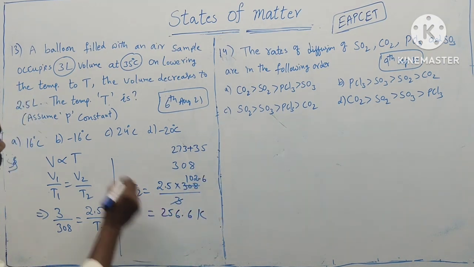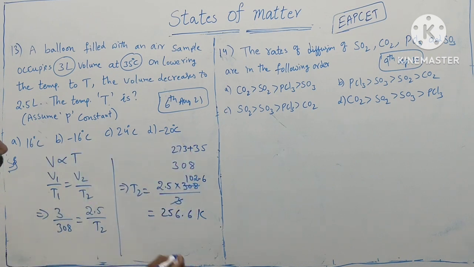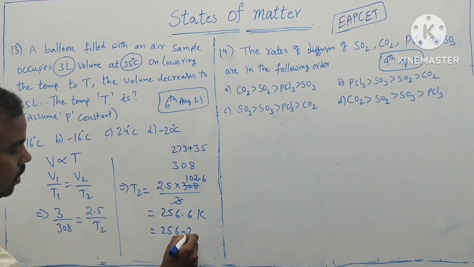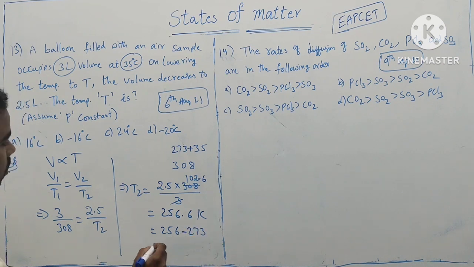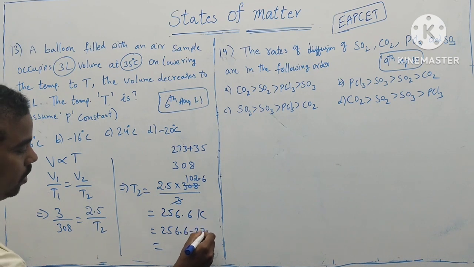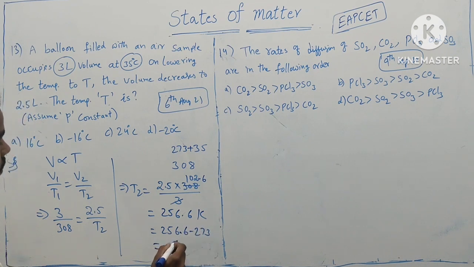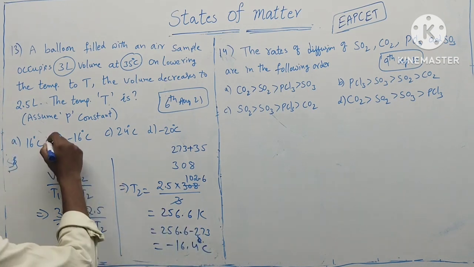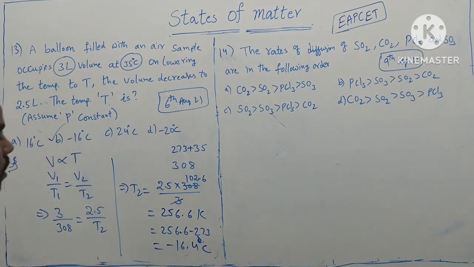It is in kelvins, but the answer is in degrees centigrade. That means 256 minus 273, which is nearer to minus 16 degrees centigrade. So the nearer value is B, minus 16 degrees centigrade.